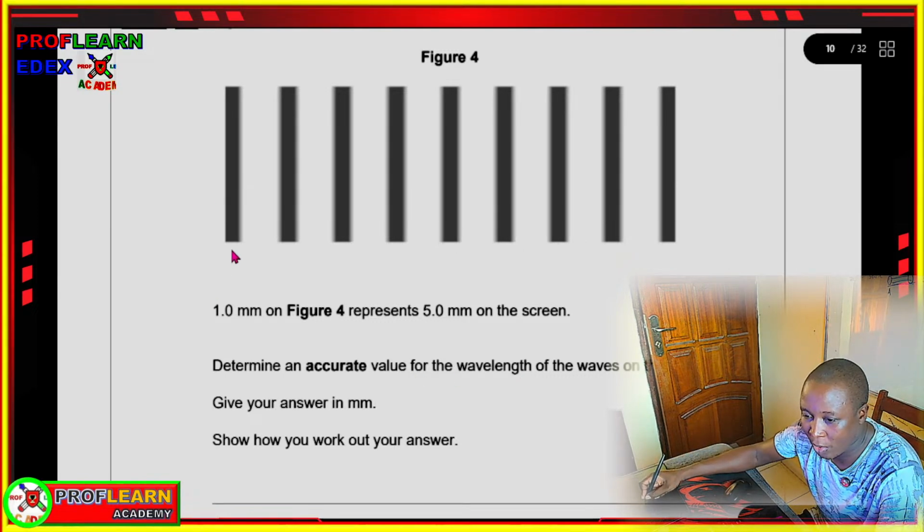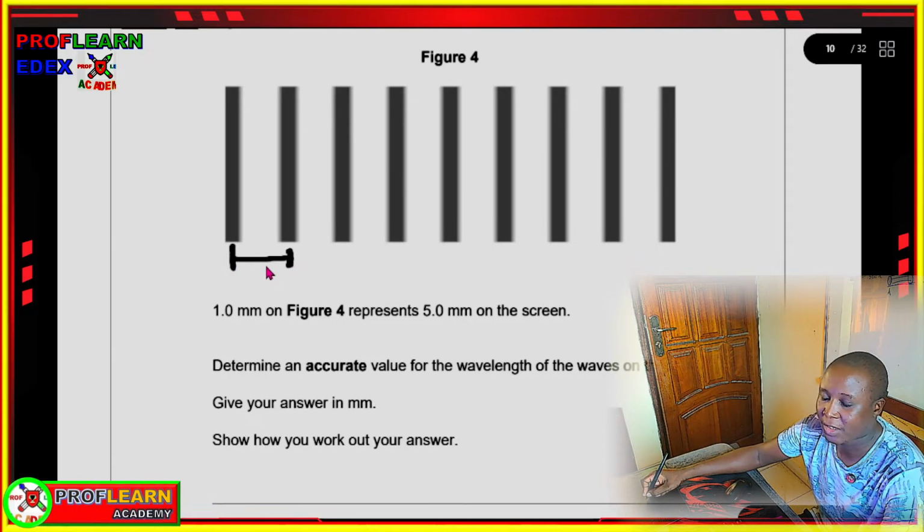Basically, what you are going to do in this question: a wavelength is the distance between two successive crests or troughs. In this case, this is a crest and this is also a crest, so this is our wavelength.